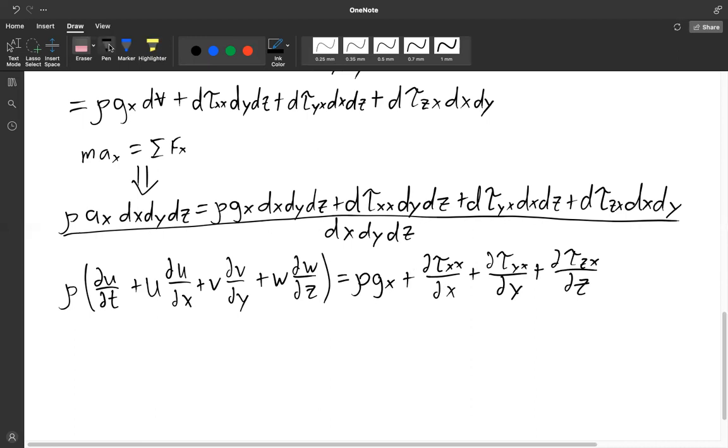So now let's focus on these three terms here.